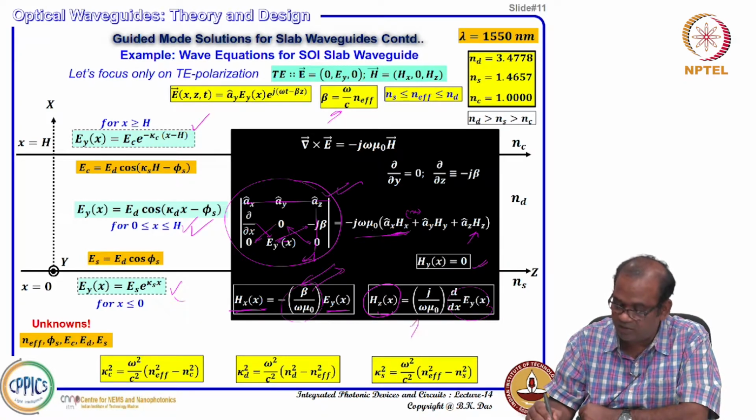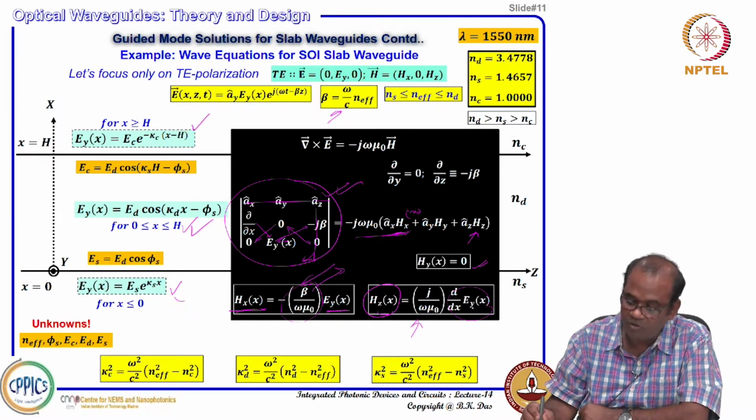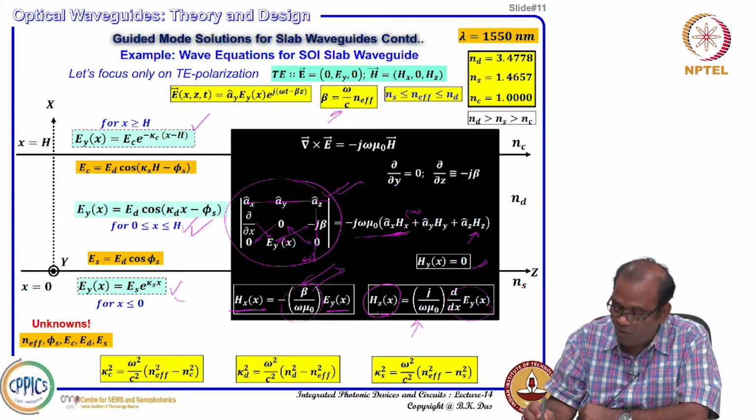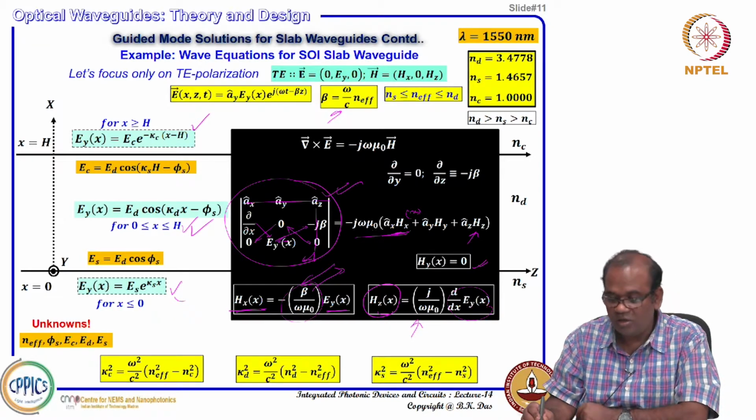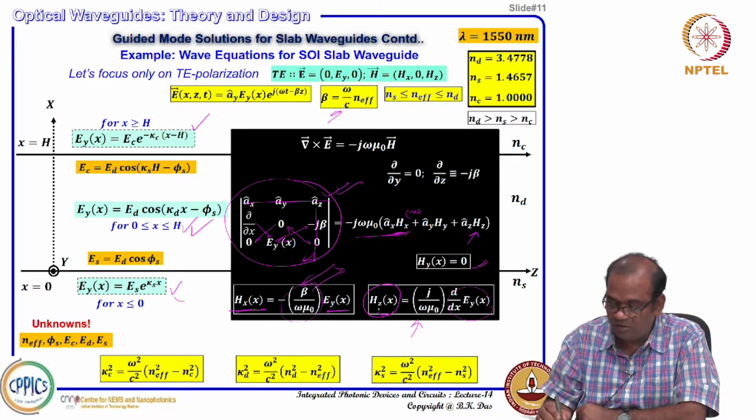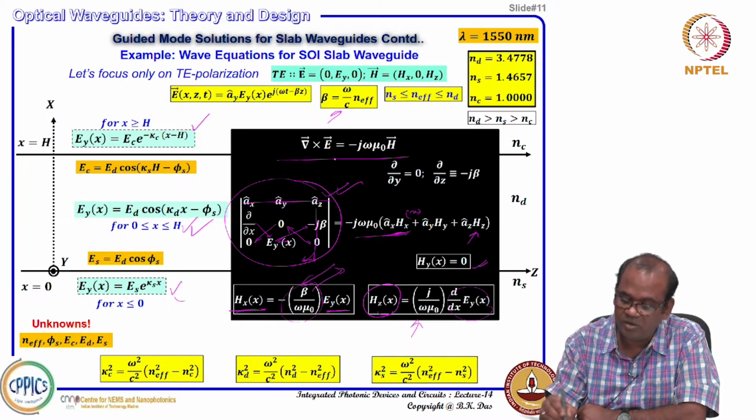So, basically if you know the y component of the electric field, the z component of the magnetic field you can find out by making a derivative and with some scaling j by omega mu 0. That is the relationship we are getting simply from the curl equations here.